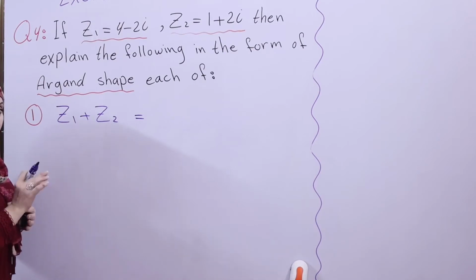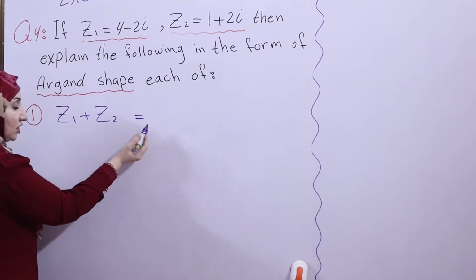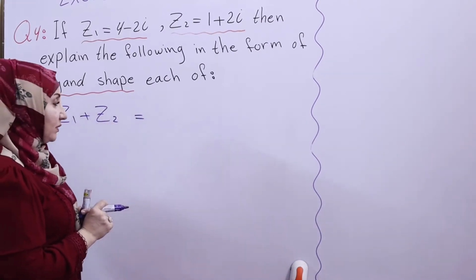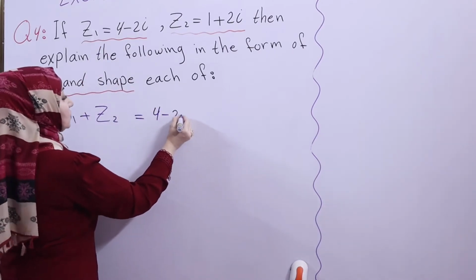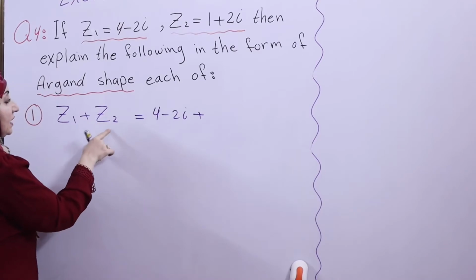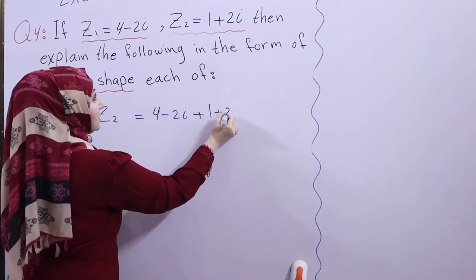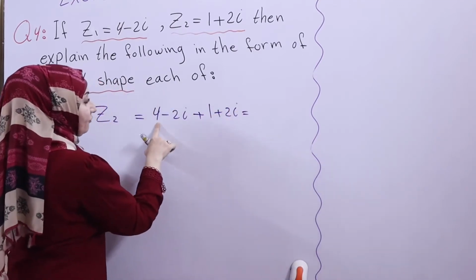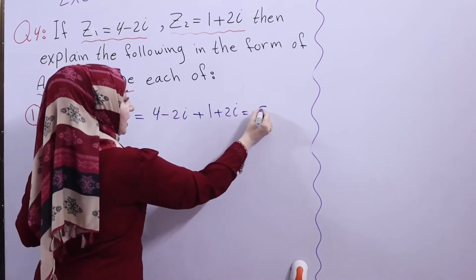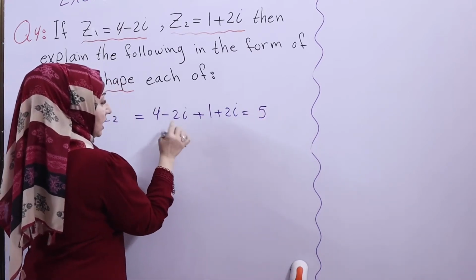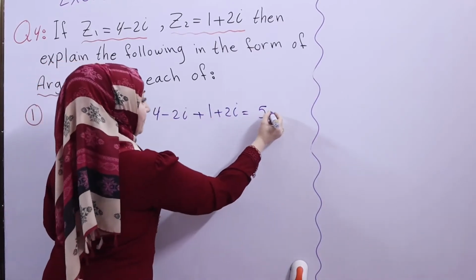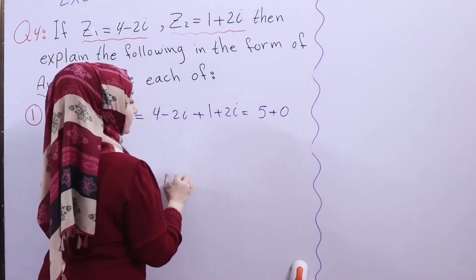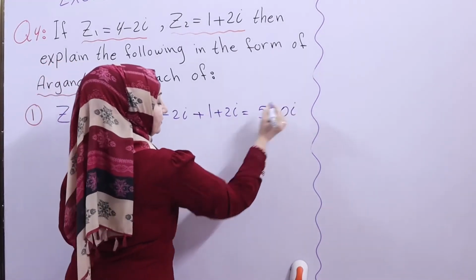لكن حتى نتأكد من حلنا الصح، ولأنه ما عندنا أوراق بيانية بالامتحان، لذلك راح نجده جبريا وبعدين نمثله على المستوى. So z1 plus z2 equal z1 4 minus 2i plus z2 1 plus 2i and it will be 4 plus 1, 5, negative 2i plus 2i will be 0, so 0i.